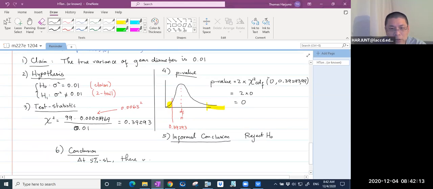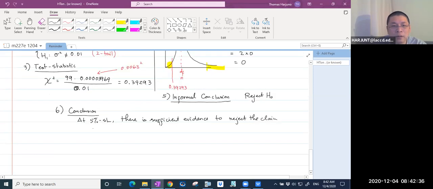There is sufficient evidence to reject the claim that the true variance of gear diameter is 0.01.